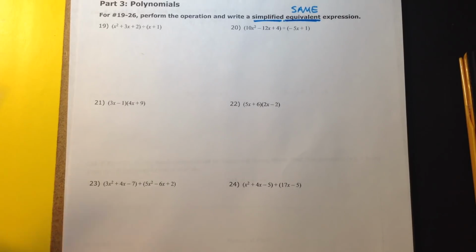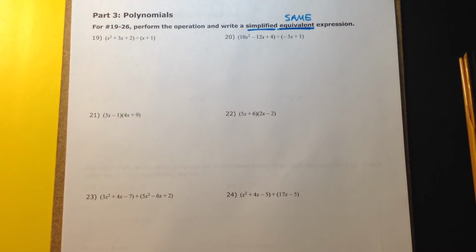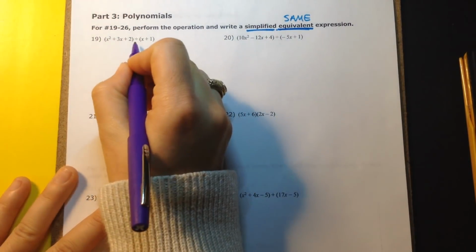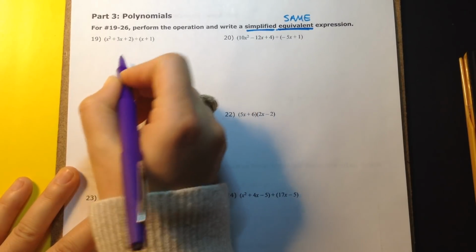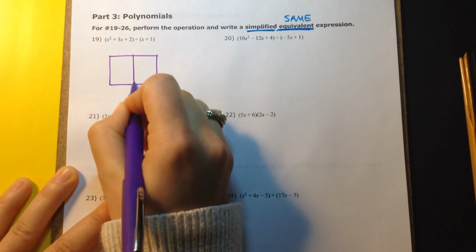Now, when I taught polynomials to my class, I used the box method for everything. If you didn't use the box, you might need to go check your own notes for how to do it, or learn the box method like with me. For division, which is what number 19 is telling us to do, we would set up a funky box. This is a 2x2 box with a bunch of pieces everywhere.